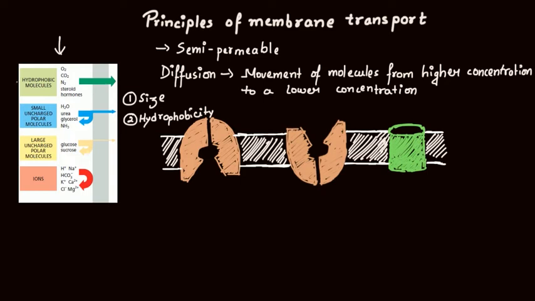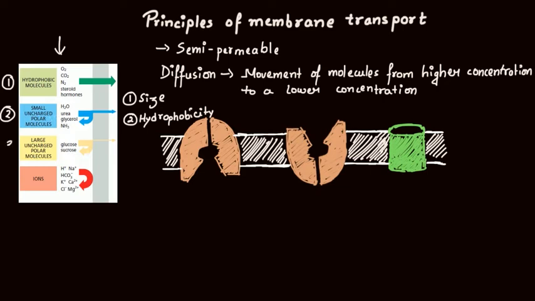So here is a diagram or a list of things that pass through the membrane. The easiest path through the cell membrane is for these molecules: oxygen, carbon dioxide, nitrogen, steroid hormones, etc. These molecules tend to move faster and easier through the membrane.